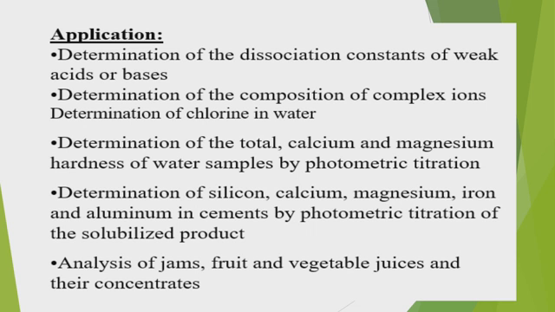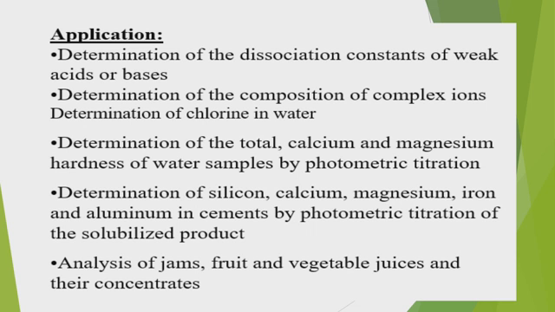Then the last application of the photometric titration is the analysis of jams, fruit and vegetable juices and their concentrates. So we can analyze the jams, fruits and vegetable juices and their concentrates or other reagents used in them.